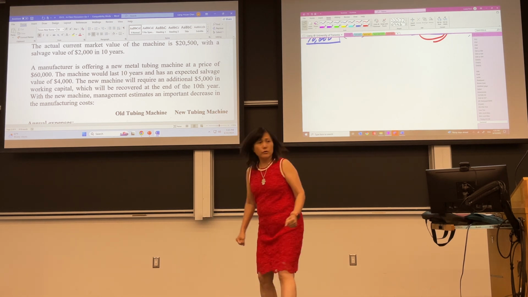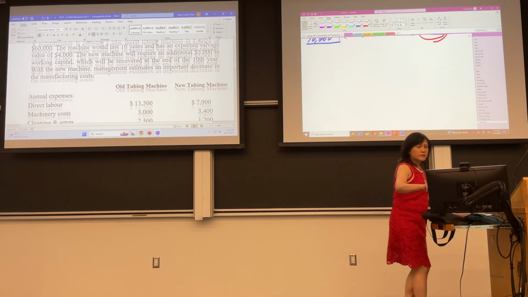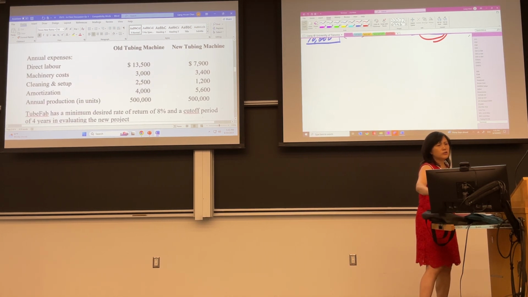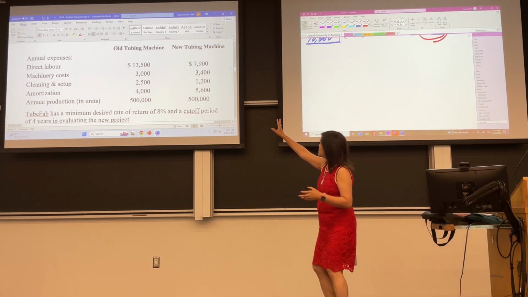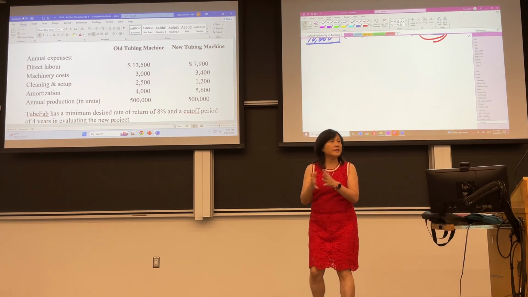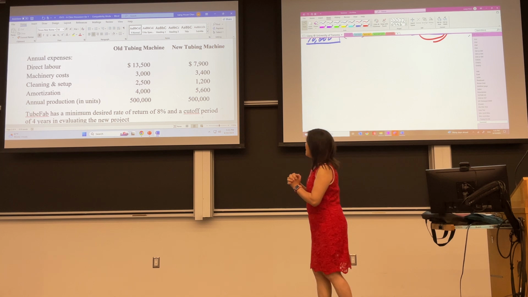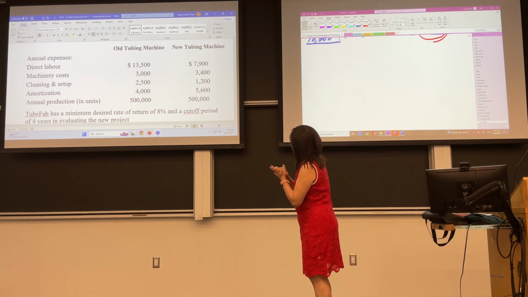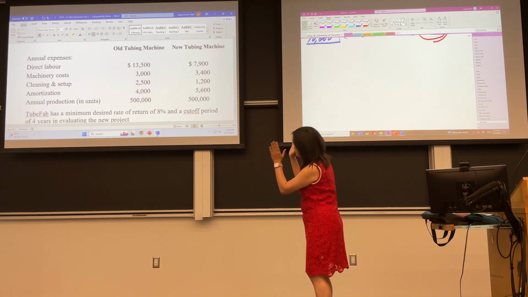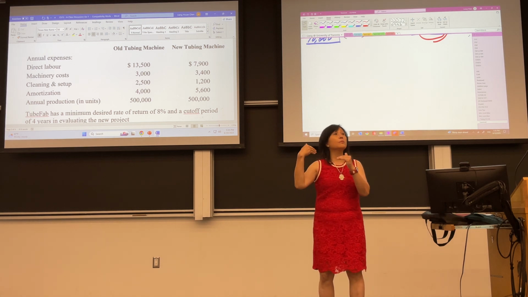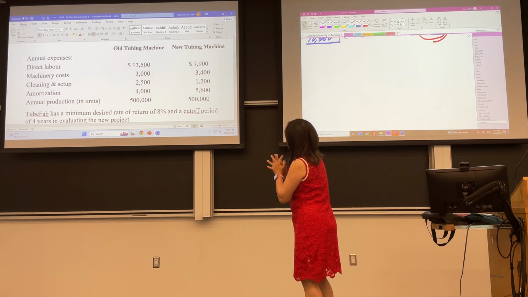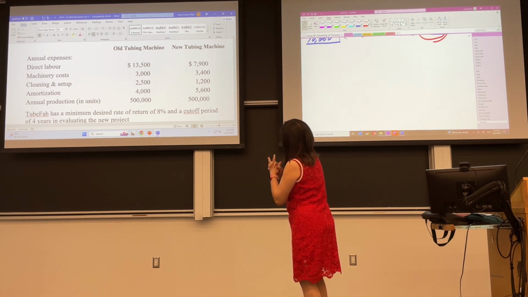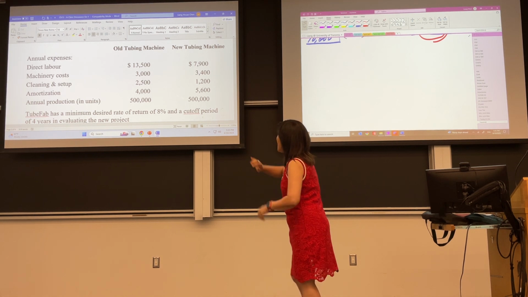Okay, so now you're going to see the difference between the old machine and the new machine. Direct labor, the old machine spends more, the new machine 79, so you save some money there. Machine cost 3,034. Here the machine actually costs more to operate. Now cleaning setup, we have a savings.